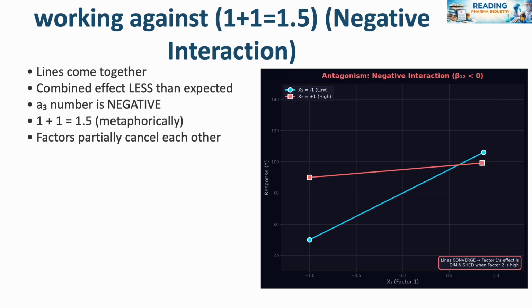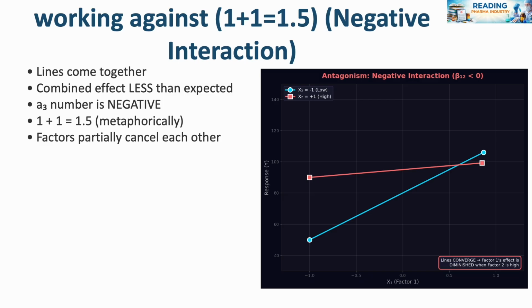It's not always a positive effect. Sometimes you can have interaction, but it will be a negative interaction. Here, 1 plus 1 equals 1.5. It doesn't mean it's mathematically correct, but it indicates that the interaction between them will have a negative impact on the response y.